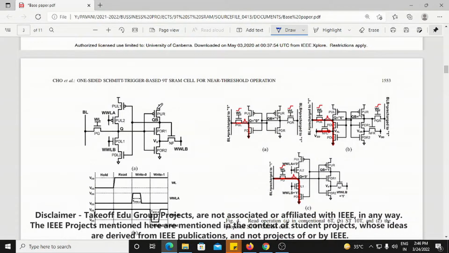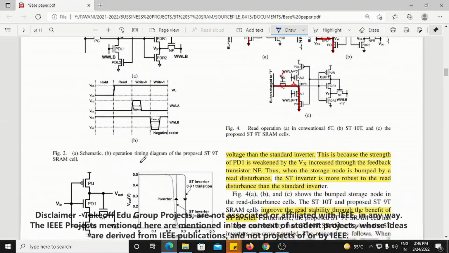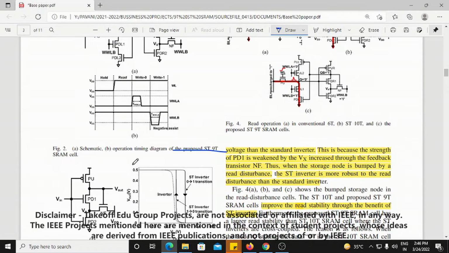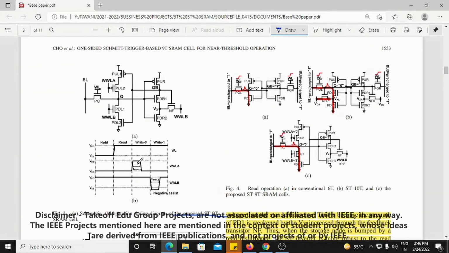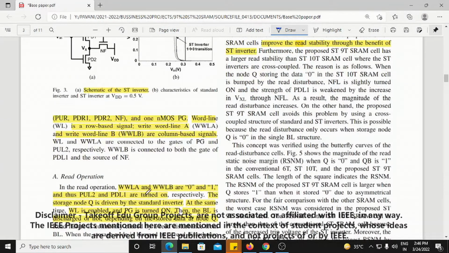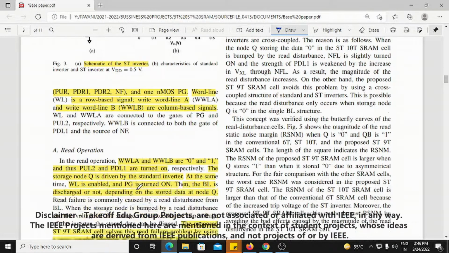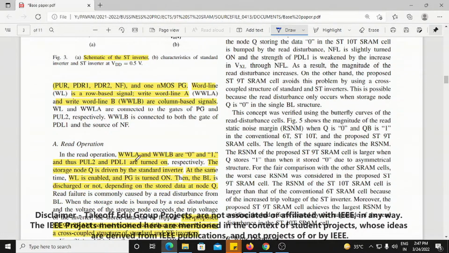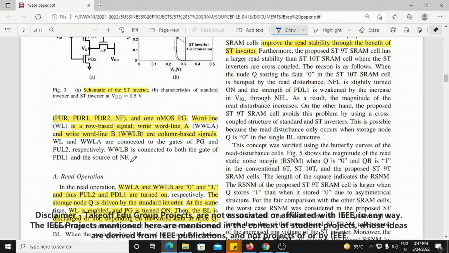This is the structure of the Schmitt-trigger 9T SRAM cell. Here we have to give the inputs in this manner only, so that we can observe the waveforms clearly.